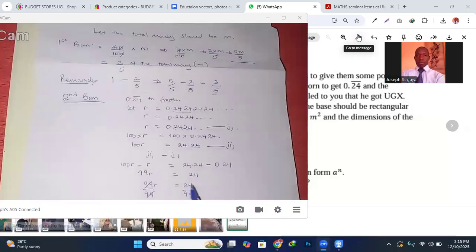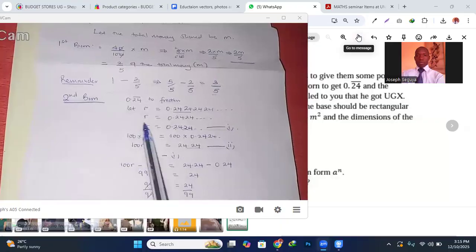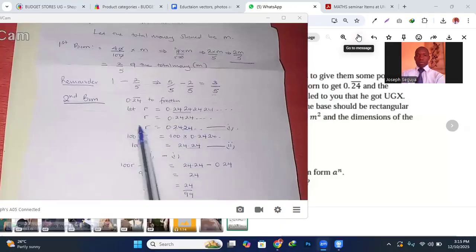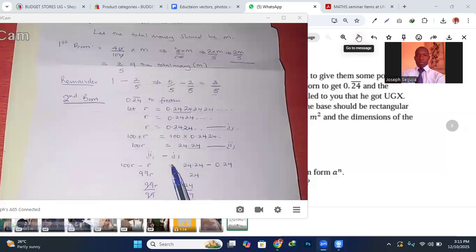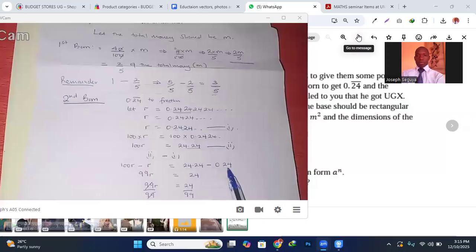Then afterwards we subtract the first equation from the second equation, sideways, this side alone and this side alone. This side alone is going to be 100R minus R. And this side we shall have 24.24 minus 0.2424.